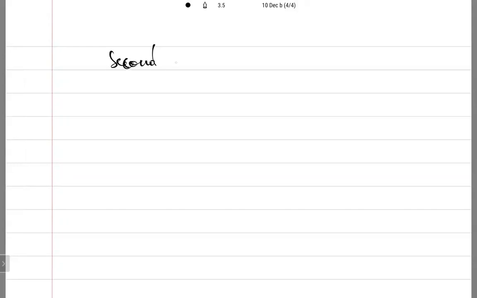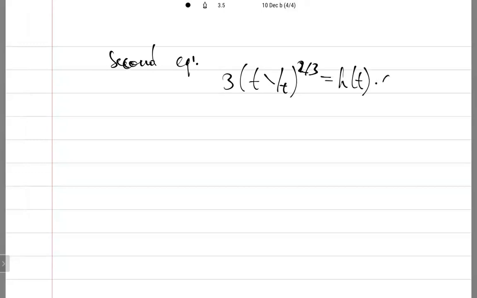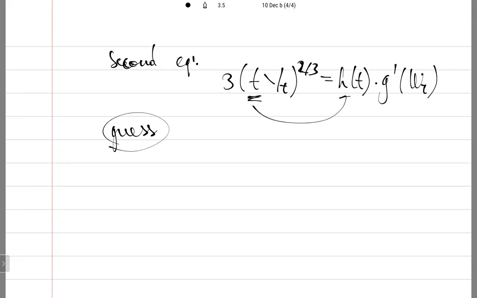So let us look at the second equation. It looks like 3t yt to the power 2 over 3 is h of t times g prime of wt. And it's natural to guess that this part corresponds to h. It's a guess. Why is it a guess? Maybe yt contains t something?